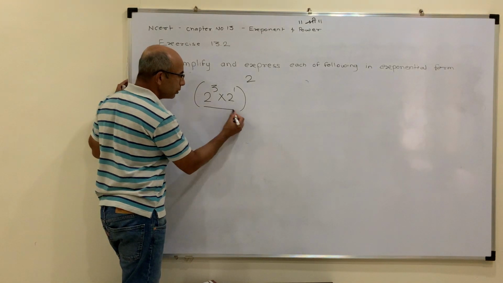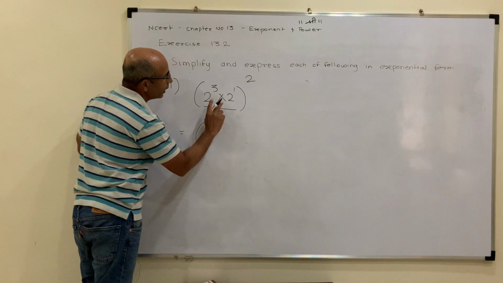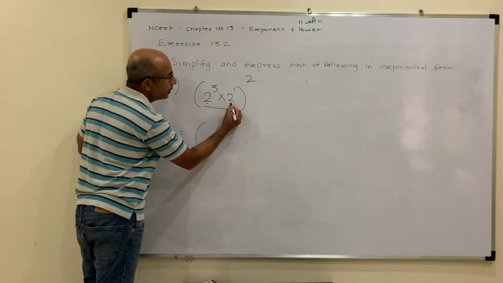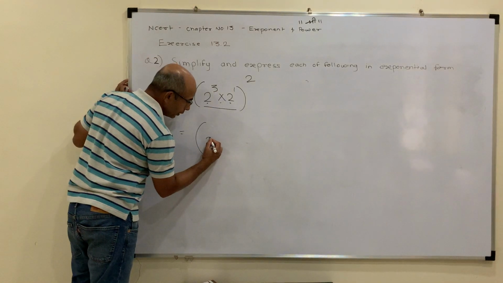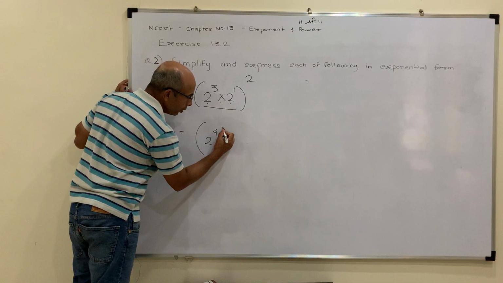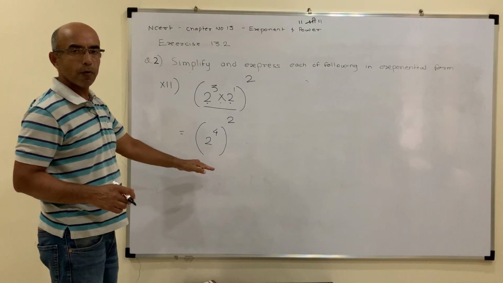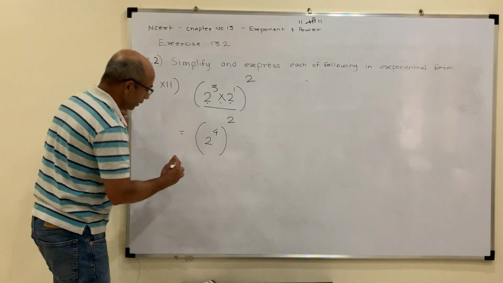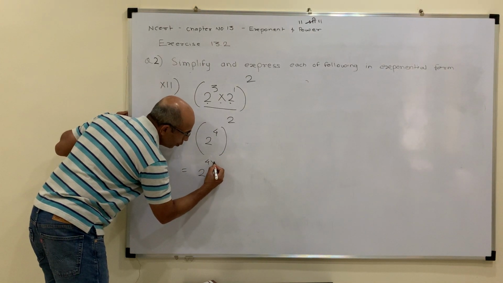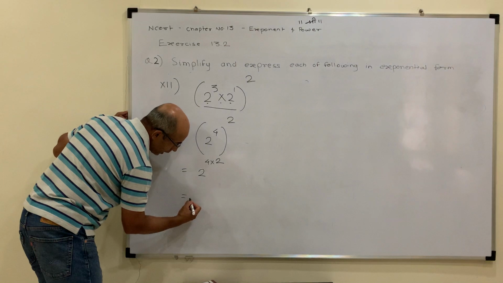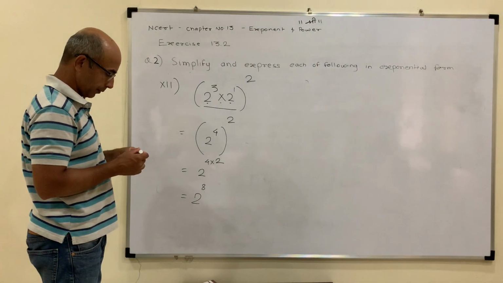So let's solve this part of the problem. Now the base is the same, operation is multiplication, so I am going to add the powers. So 2 raised to 4, raised to 2. Now I will be applying the rule of power of power. So base 2, power 4 into 2. So the answer will be 2 raised to 8.